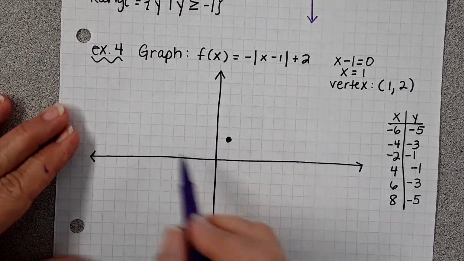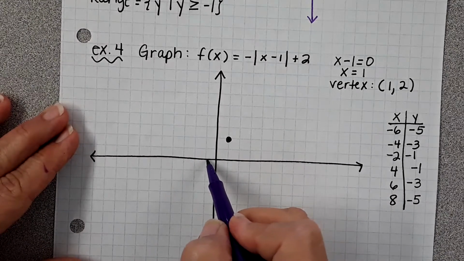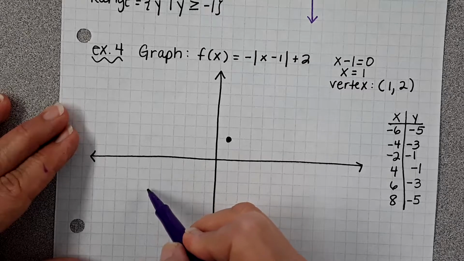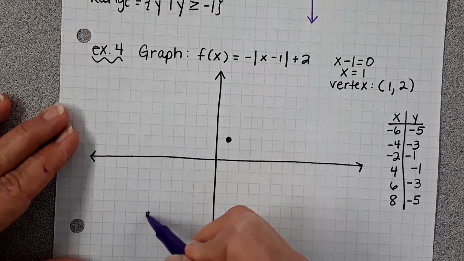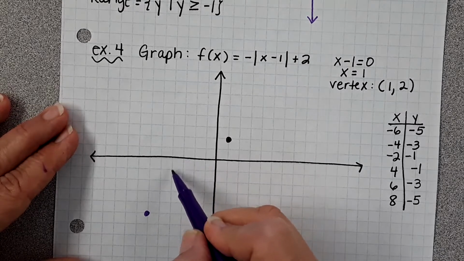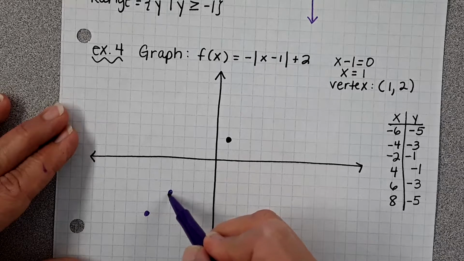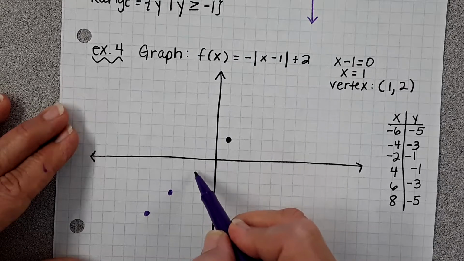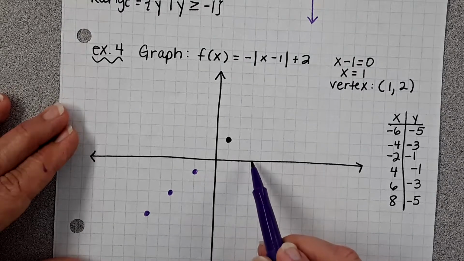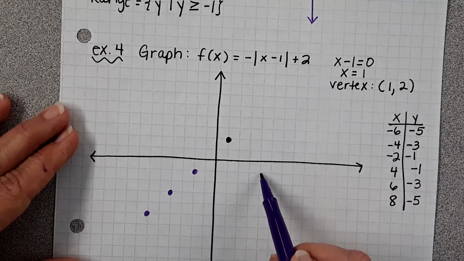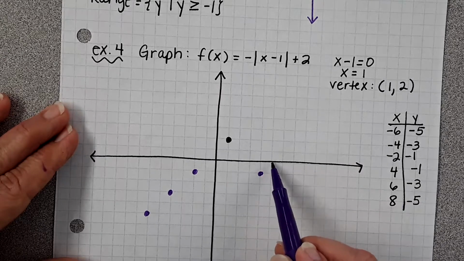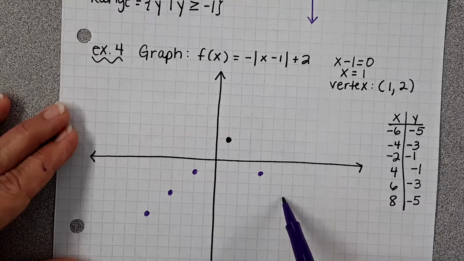So I'm going to go over to -6, to -5. 1, 2, 3, 4, 5, 6. 1, 2, 3, 4, 5. Make sure I don't graph anything incorrect. 1, 2, 3, 4. 1, 2, 3.